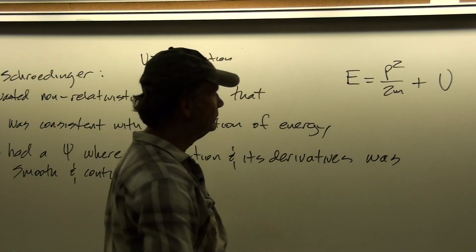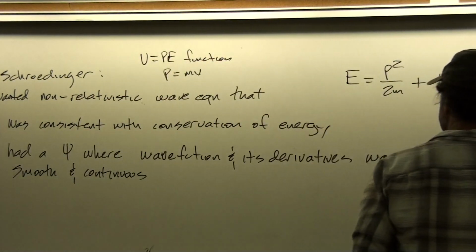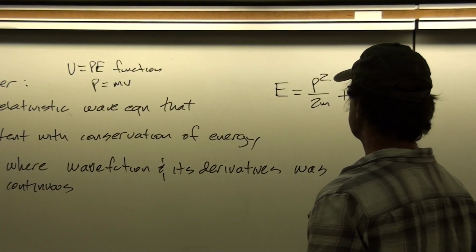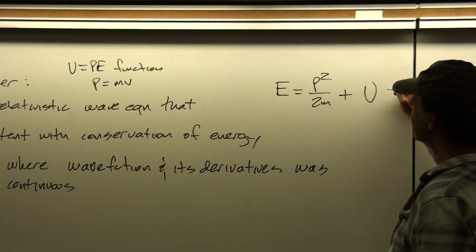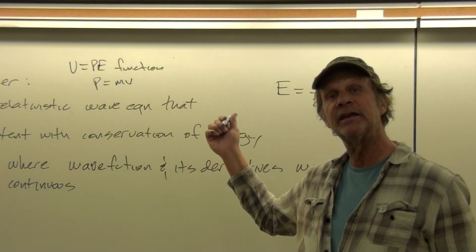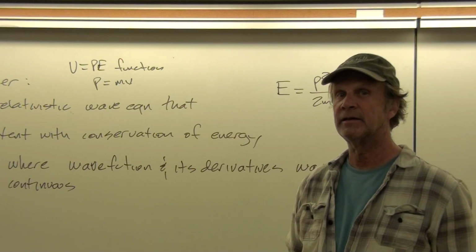Okay, and so he started messing around with a lot of different formulations, and he wanted something where somehow you could operate on the wave function with something that would give you the energy equation back again.